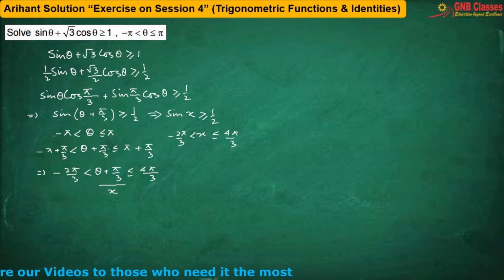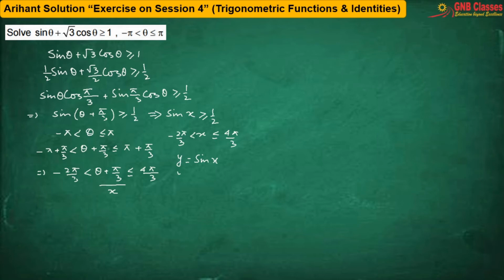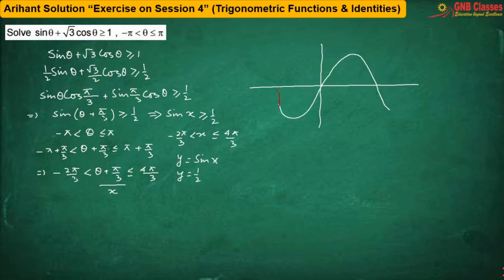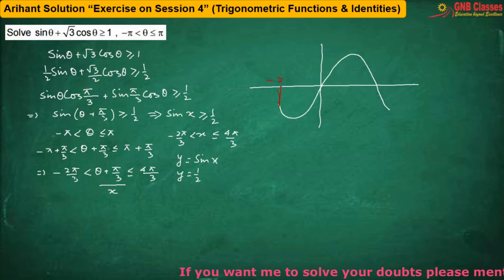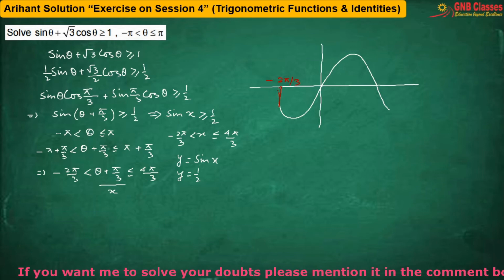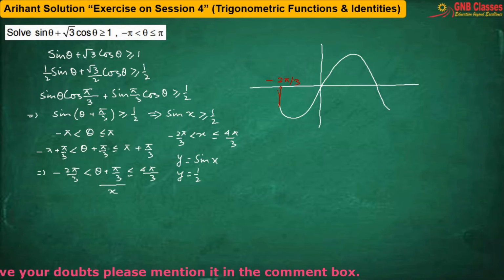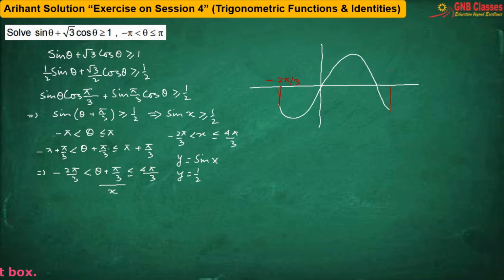Now let me draw the graph of y equals to sin x and y equals to half on the same plane. We get... This point is minus 2 pi by 3. This is 4 pi by 3.